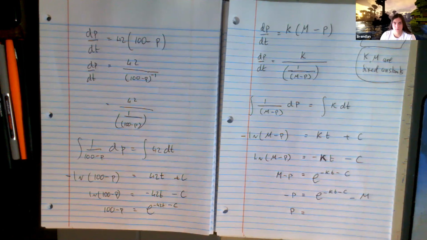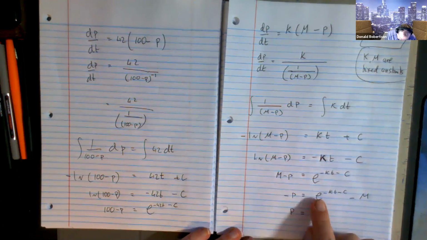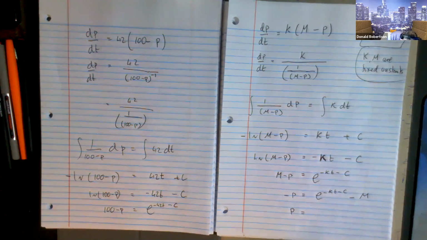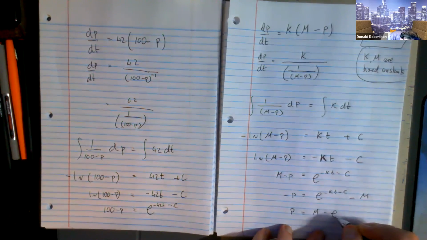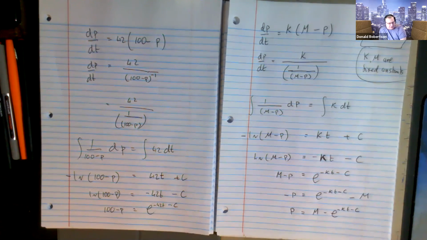Divide by -1. If you multiply that by -1, which is exactly the thing you do, you get negative this and plus that. It just looks nicer if you write it that way around. Would you agree? M take away E is much nicer looking than minus E plus an M, right?